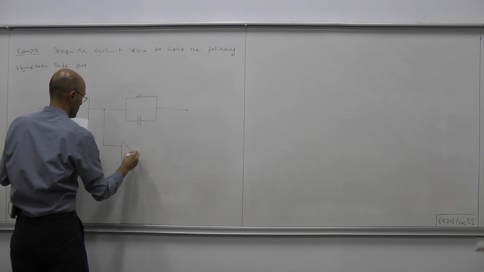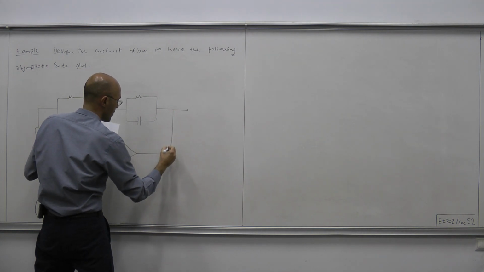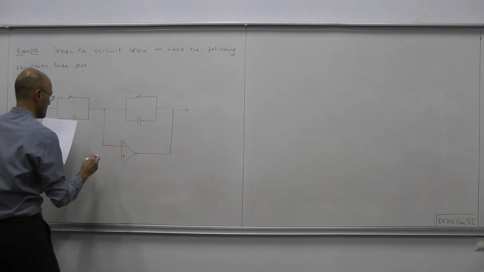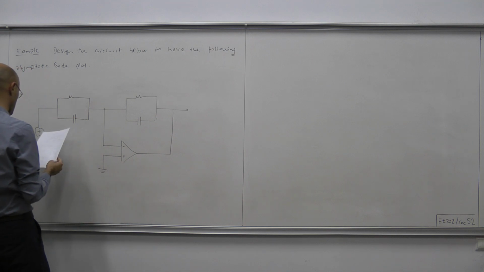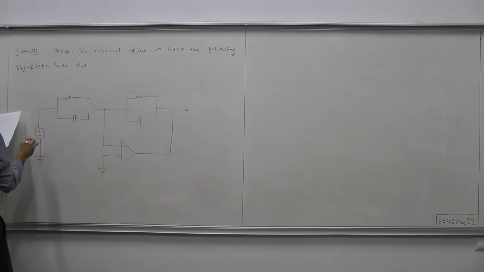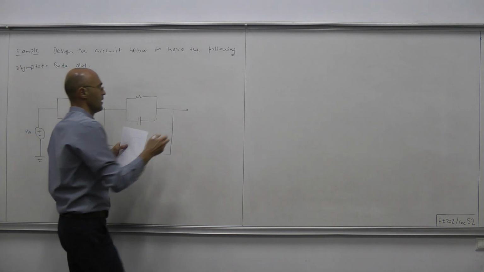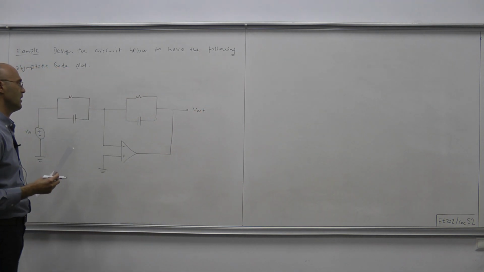An operational amplifier, minus, plus, and this is grounded. Here we have the input voltage that's being applied to the circuit, and this terminal is where we collect the output voltage.